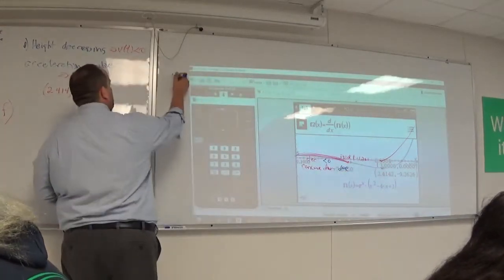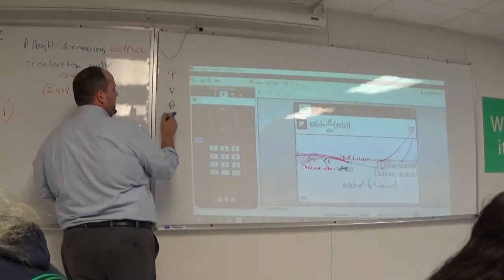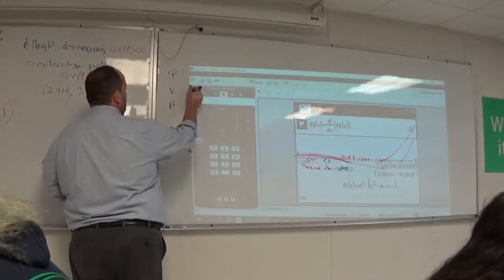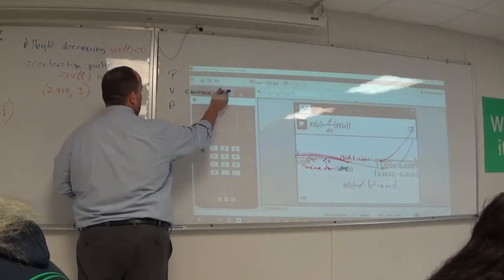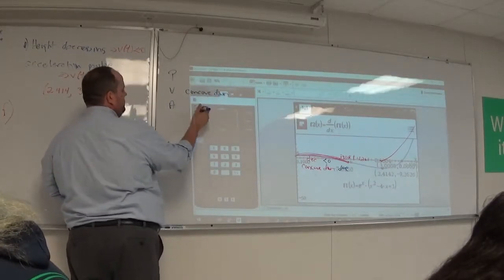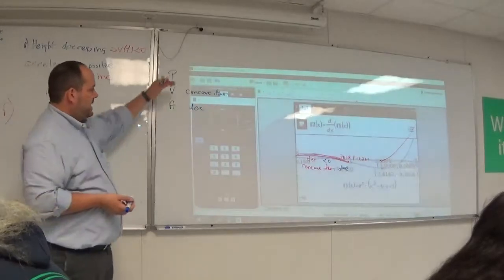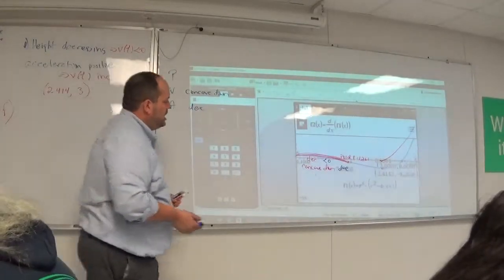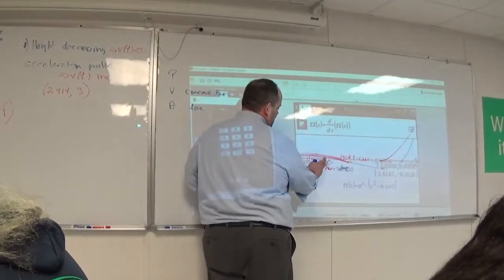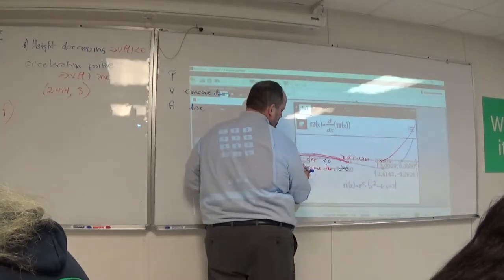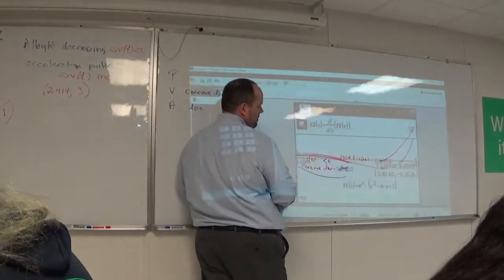If you're not sure, think about it. You've got position, velocity, acceleration. Velocity concave down means that its derivative is decreasing. It's that f prime, f double prime. So I need to draw a graph that is negative and decreasing, so I could do maybe that.